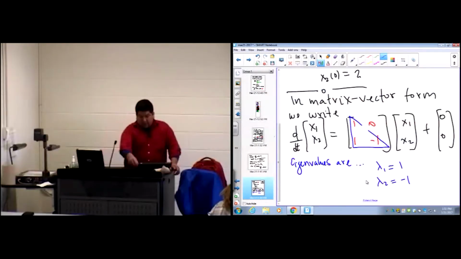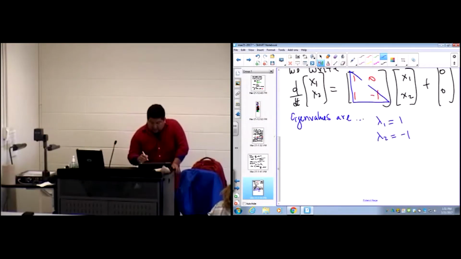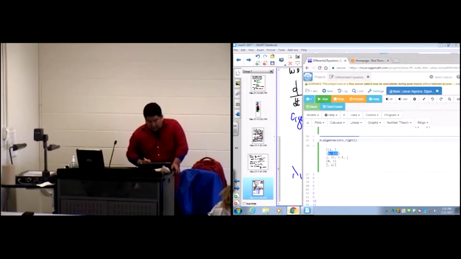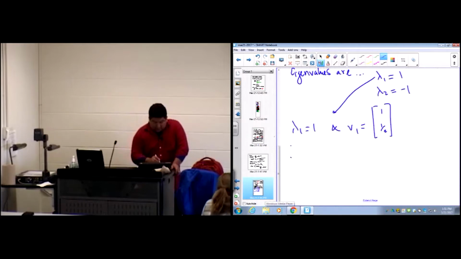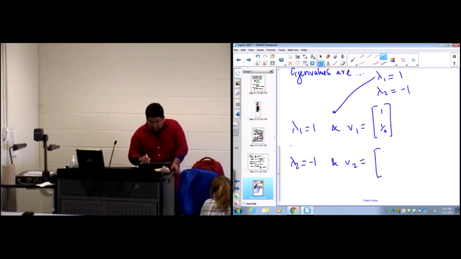The second eigenvalue is negative 1, and it has an eigenvector with values 0, 1. So lambda 2 is negative 1, and v2 has values 0 and 1. So the eigenvalue 1 has corresponding eigenvector 1, 1/2, and the eigenvalue minus 1 has corresponding eigenvector 0, 1.